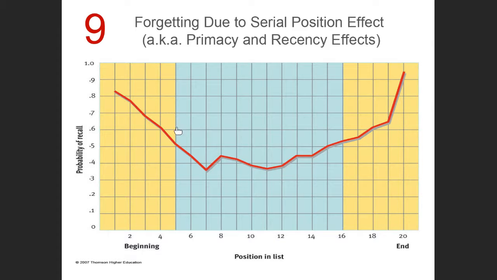The ones in the middle of the list, we're less likely to recall. So this is the primacy effect, remembering the things at the beginning, and this is the recency effect, remembering the things at the end. Both of those are the serial position effect. So the information we forget is going to be what's in the middle.